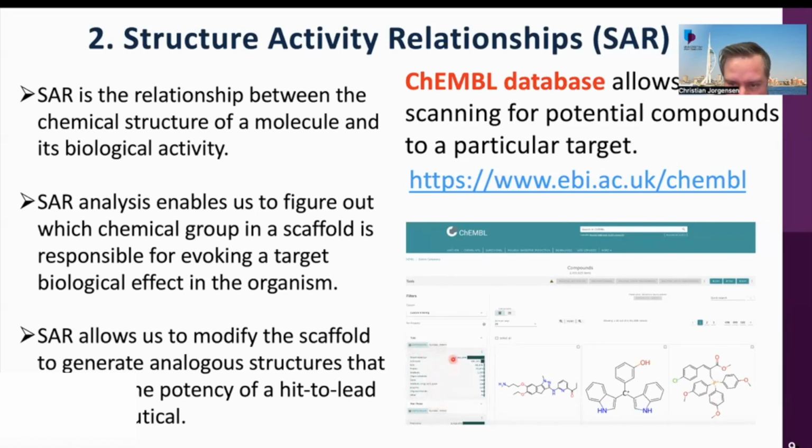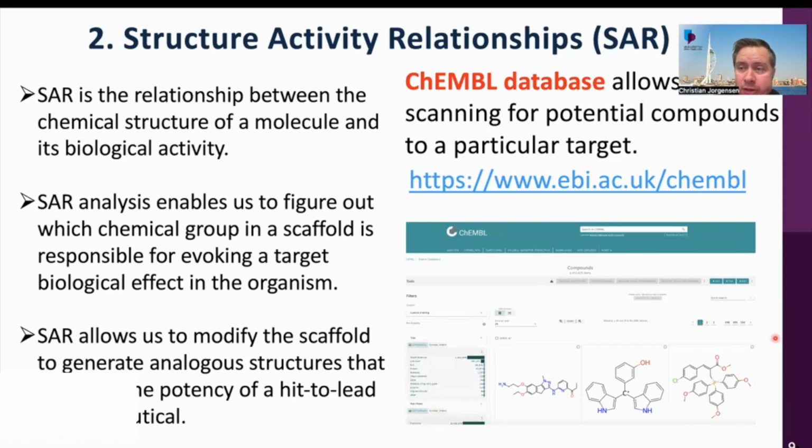So you can see here, there's 2.4 million compounds right now. And those are actually divided. So you can see there's 1.9 million small molecules. Then there's 400,000 that are not small molecules. Those can be proteins, antibodies, etc. Okay, so it's a huge database.